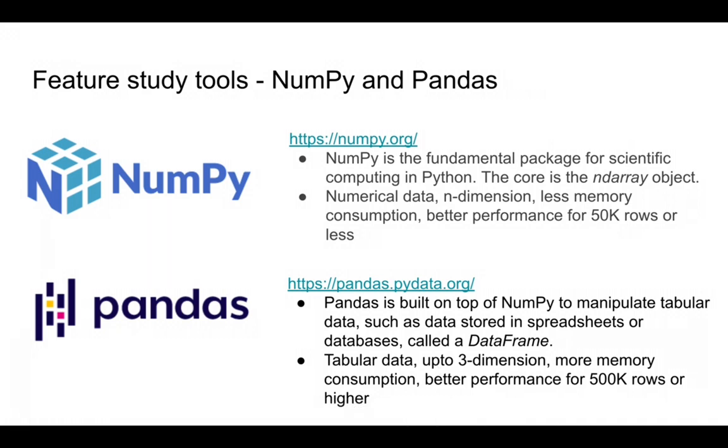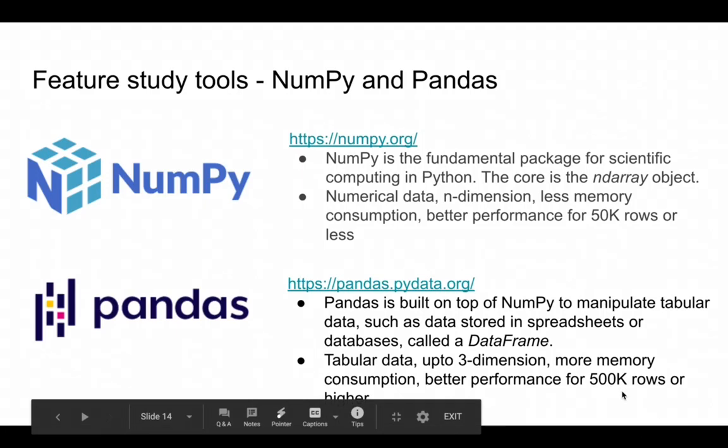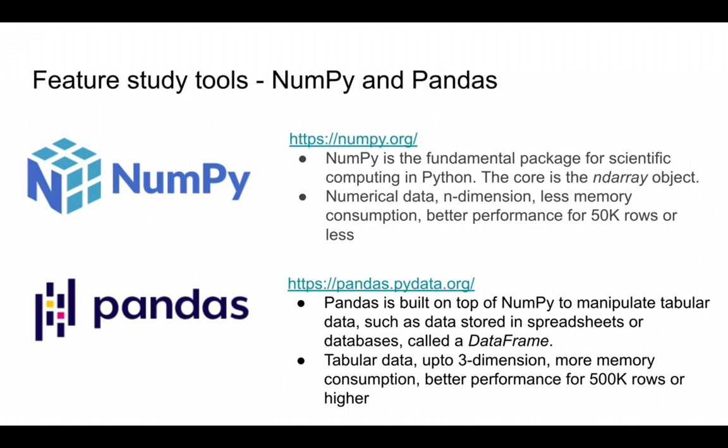It requires more memory consumption. However, it has better performance for 500K rows or more. Pandas is more popularly used in industry right now because it can handle larger amounts of data faster and more efficiently.